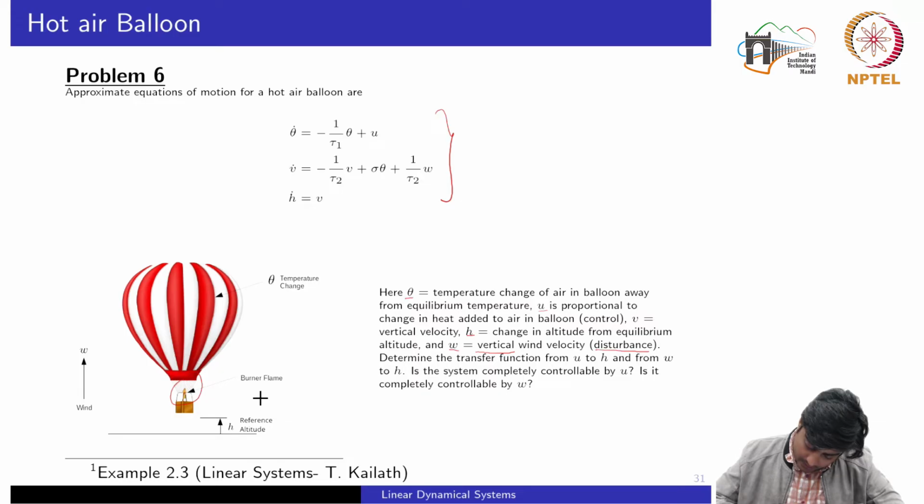First of all, we need to determine two transfer functions from both the inputs, where u is in fact a control signal and w is a disturbance. So we need to compute h by u of s, one transfer function, and another transfer function is h by w.